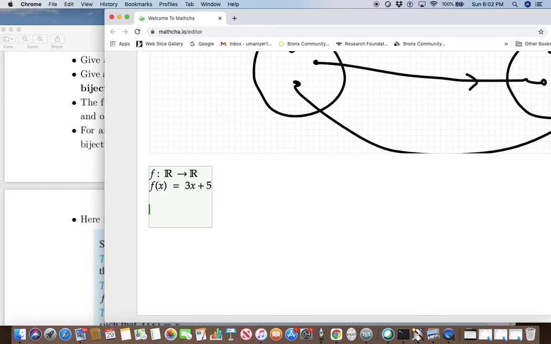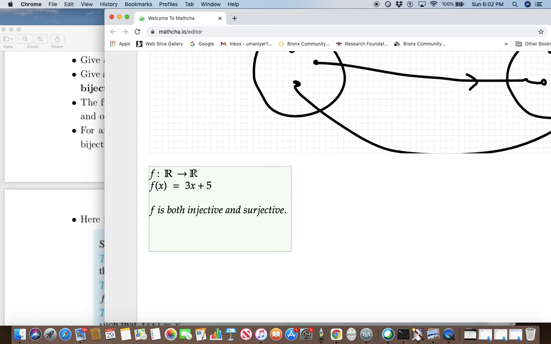Regardless, you can check that f is both injective and surjective. It is a strictly increasing function, therefore injective, and it is surjective because every real number on the right is an image of a real number from the left.